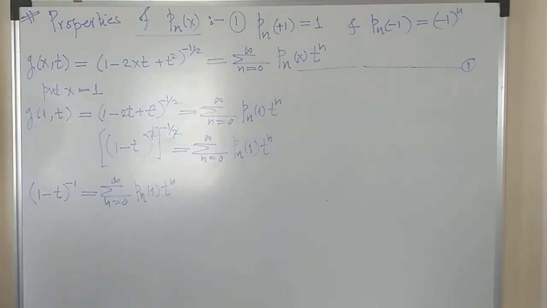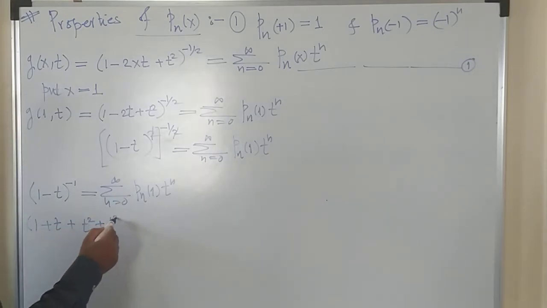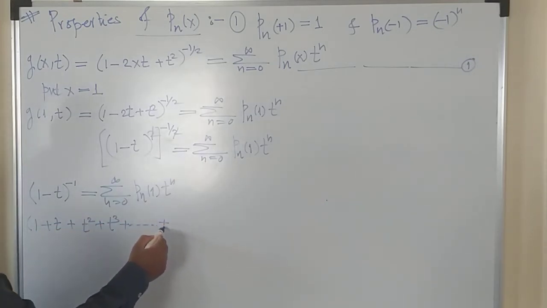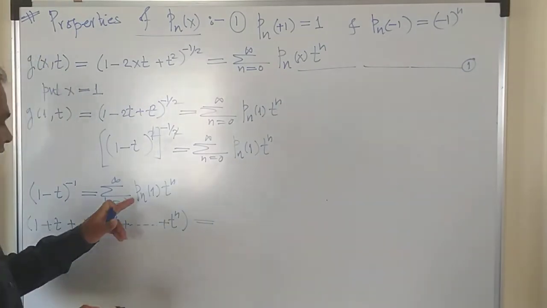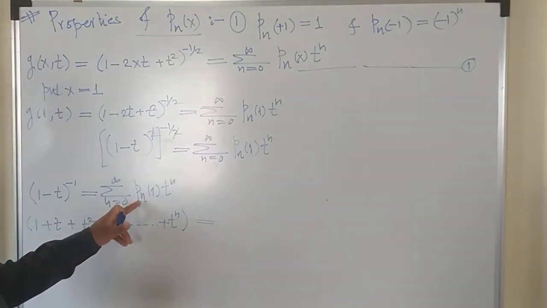Therefore you can write this as 1 plus t plus t square plus t cube plus dot dot dot plus t raised to power n.